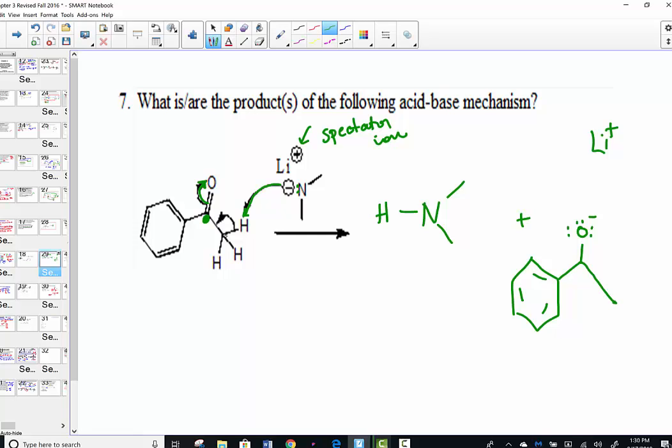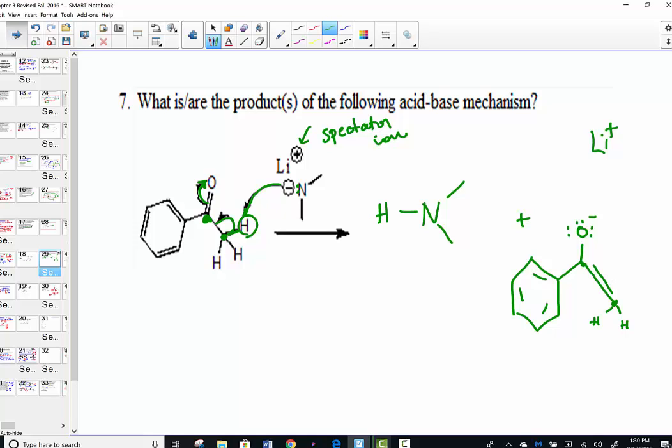This terminal carbon, which is here, and here, still has two H's on it. But instead of having this third hydrogen, these two electrons collapsed and made a double bond.